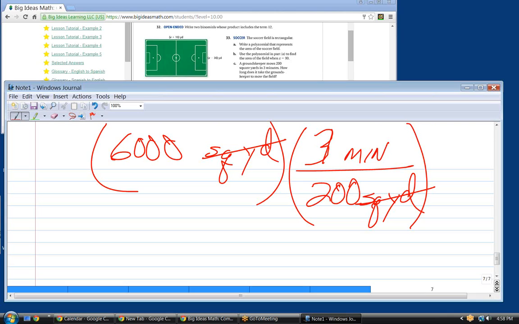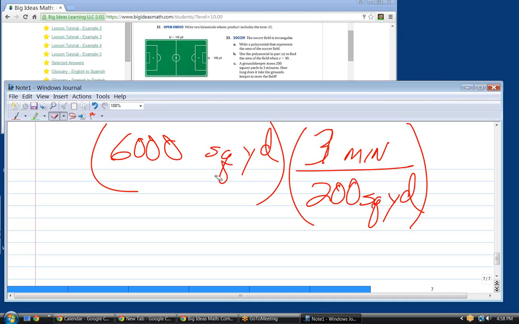Even though in this particular problem you're smart enough to know intuitively that you needed to divide 6,000 by 200 and multiply that by 3, the advantage of looking at the units is it guarantees you're doing it right.